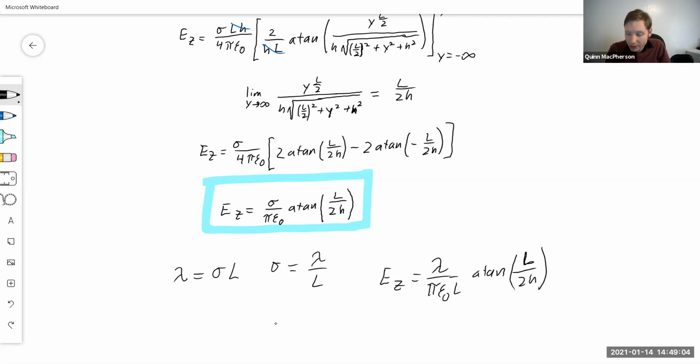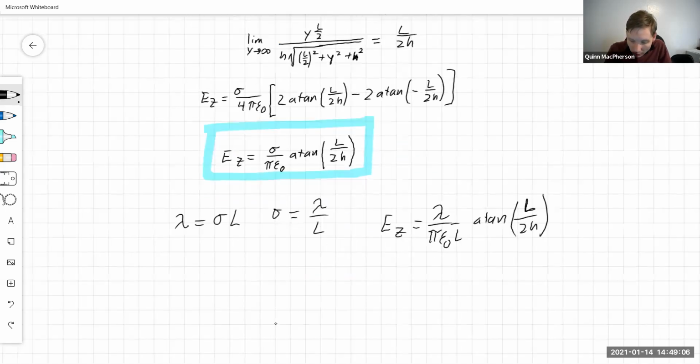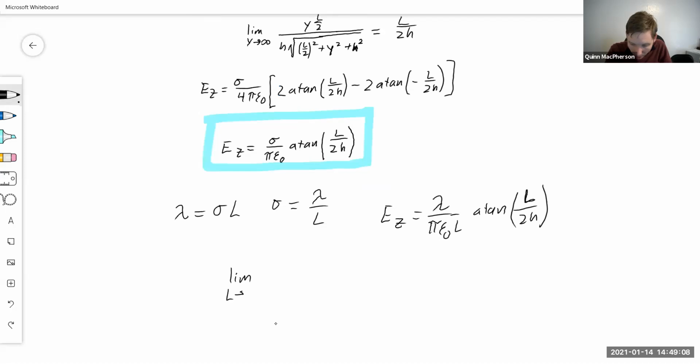Now we can take the limit that L goes small. So the limit as L goes to 0 of E_z is equal to the limit as L goes to 0 of lambda over pi epsilon naught L arctan of L over 2h.